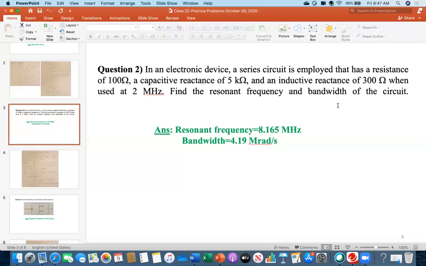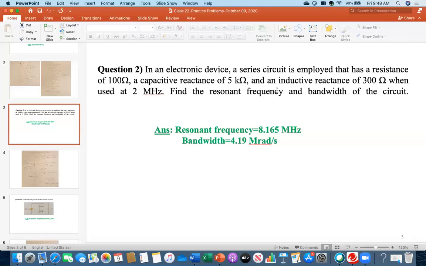Everybody, could you follow what I said? Yes. Typically you have noticed in other problems, the C value and L value are directly given. But in this case, those values are not directly given. Those are expressed in terms of reactance, capacitive reactance XC and inductive reactance XL.